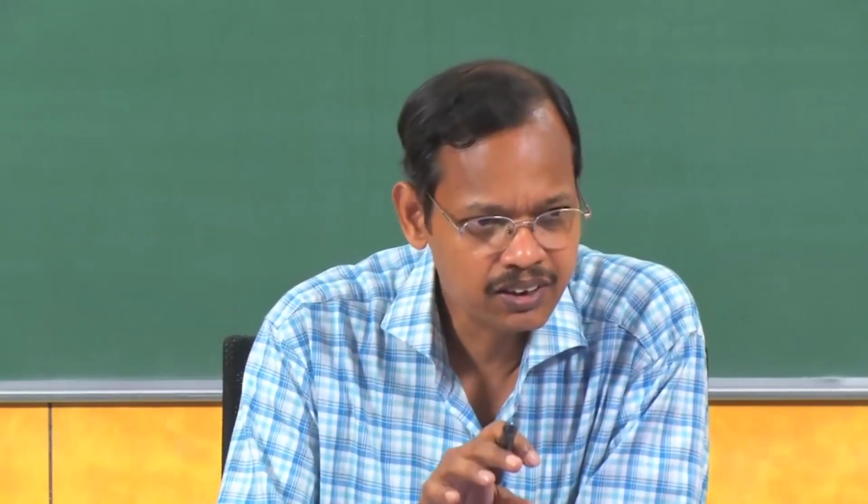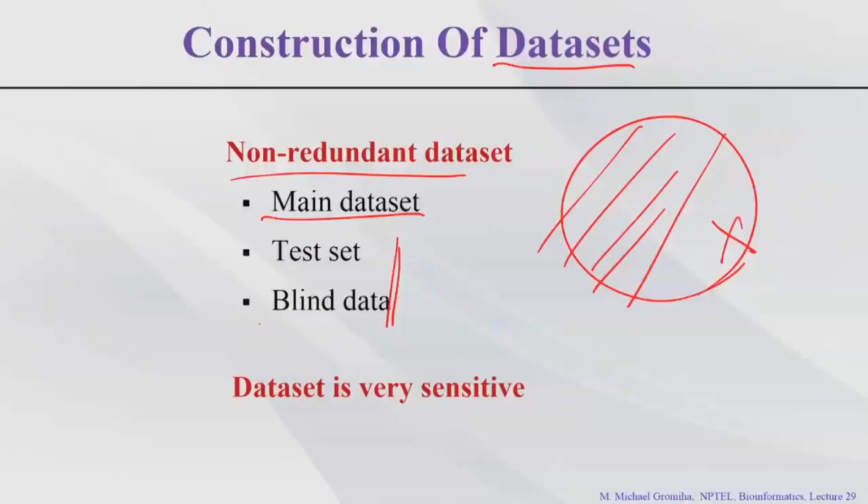Likewise, you have different data sets: one is the main data set that you can train and cross validate, and you have the test set, and also you can use the blind data that is completely new. For example, in any classification problem, you can leave the new data but take the old data for the data sets.